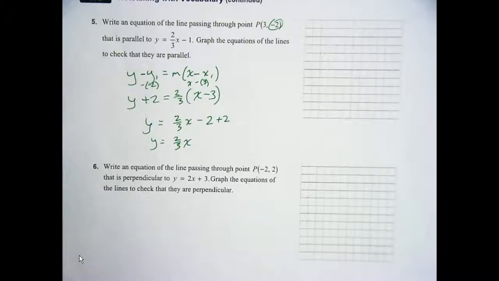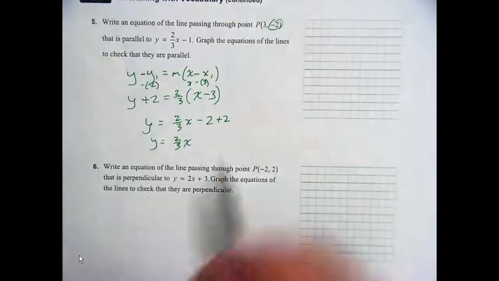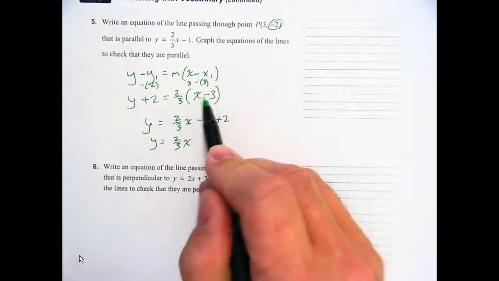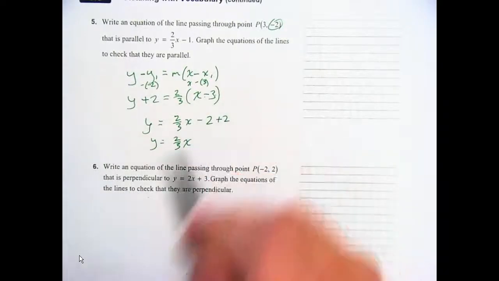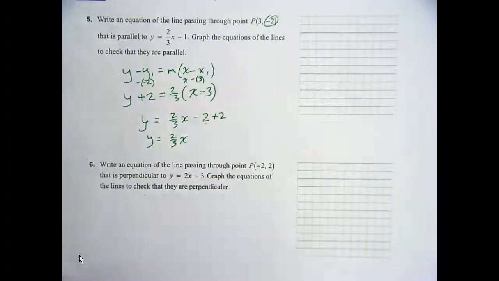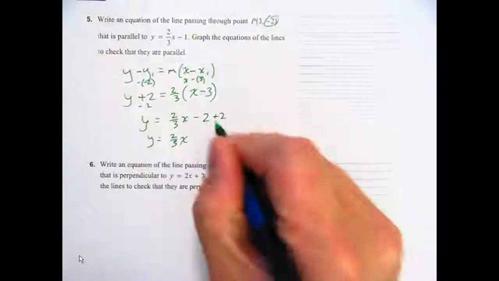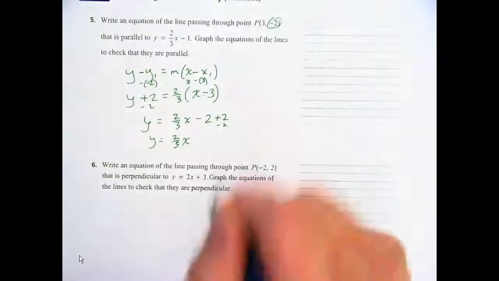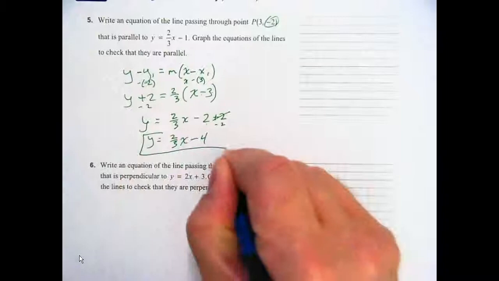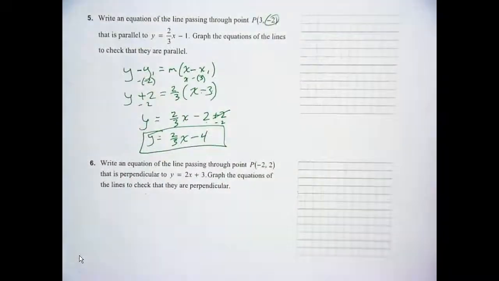Carson, what'd you get? 2/3 times -3 is -2. Yeah? Very good. You got to subtract that 2 over, right? So this should be -4. So making sure that you can do error analysis, right? Taking a look at it.